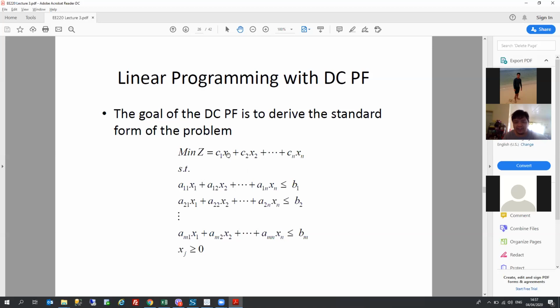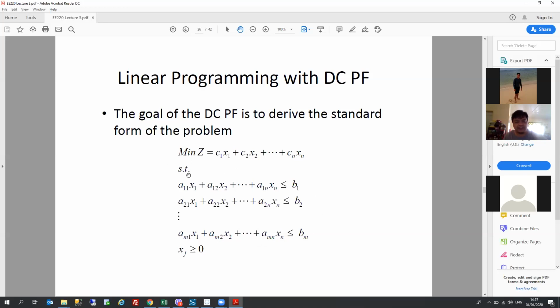Ang generator na lang ngayon is represented as x1, yung variable mo na x, yung generation, whereas yung c, yan yung magre-represent na price. So C1 X1 plus C2 X2 plus so on and so forth. Okay?